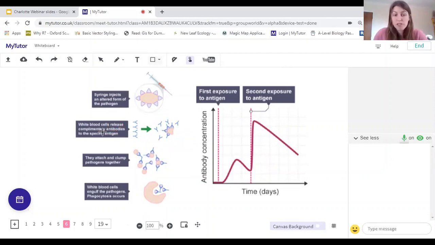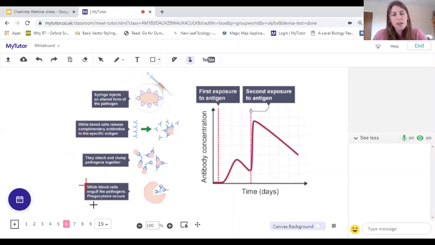So this is our lymphocytes that we talked about, releasing the complementary antibodies. They attach and clump the pathogens together. And then our phagocytes come along and phagocytosis occurs. So they engulf and destroy the pathogen. So basically, our vaccination triggers our immune response. It triggers our white blood cells to make those complementary antibodies.